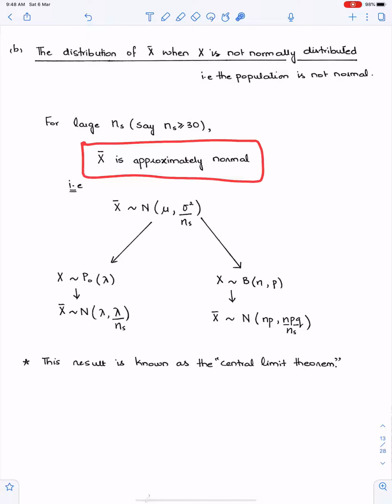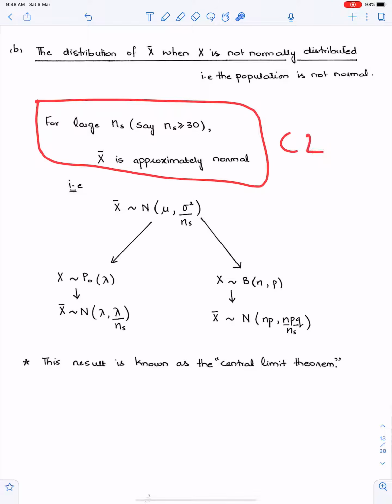This fact is very important. See, x is not normal, but for large samples, x bar will approximately be normal. This result is known as CLT, the central limit theorem.